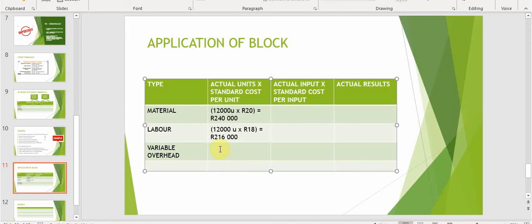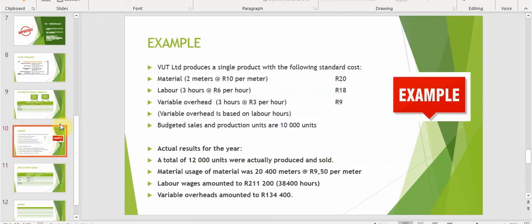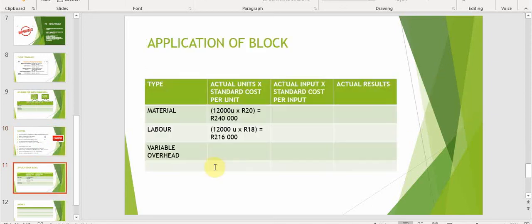For the variable overhead, if I go back to the example, the unit cost was 9 Rand. So I'm going to take the actual 12,000 units times the 9 Rand, and that gives me an answer of 108,000.